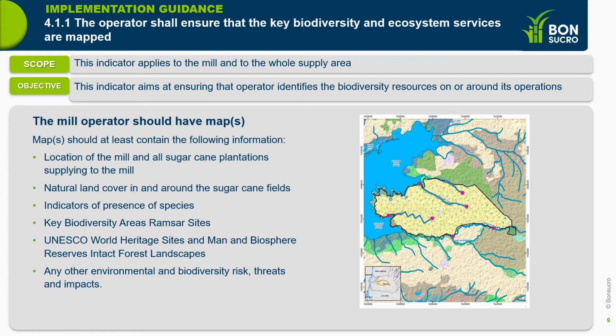Of course, to locate the mill, the sugarcane plantations, and the supplying growers in that supply area. Of course, the natural land cover in and around the sugarcane fields, indicators of possible presence of species, key biodiversity areas recognized as national or international, like Ramsar sites, UNESCO World Heritage sites and biosphere reserves, intact forest landscapes, and any other environmental and biodiversity risks and impacts.